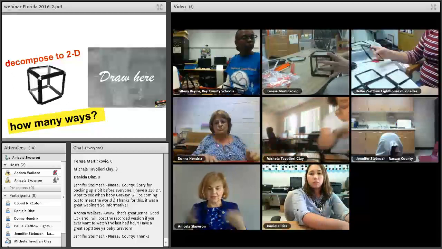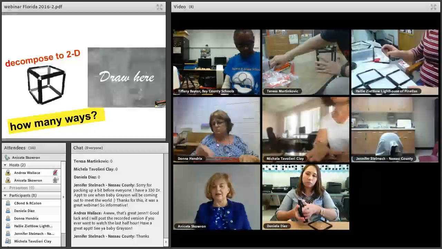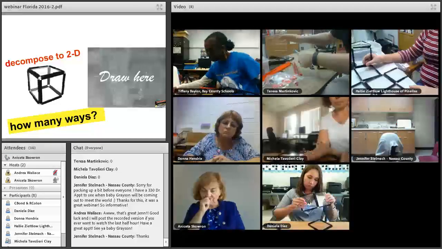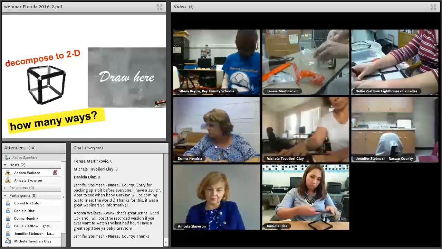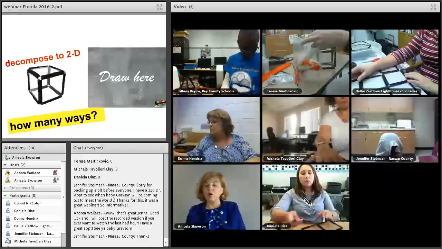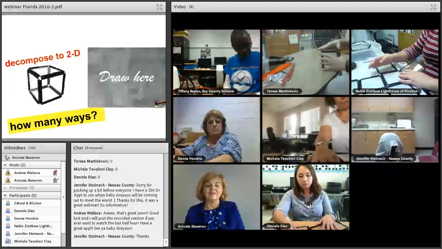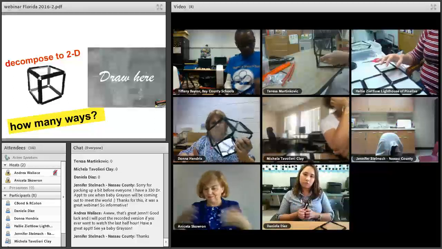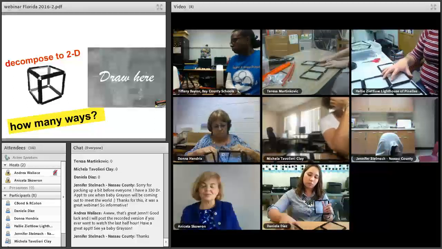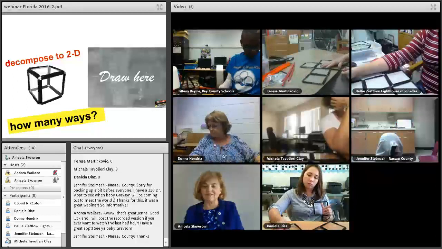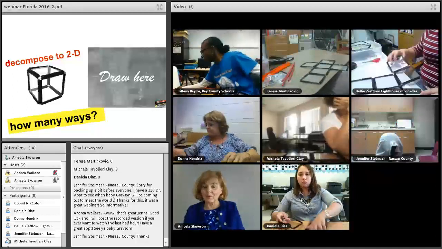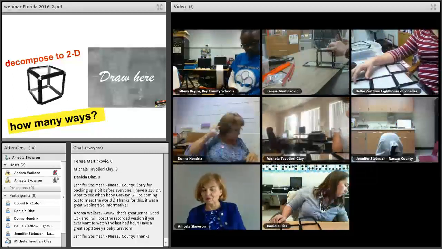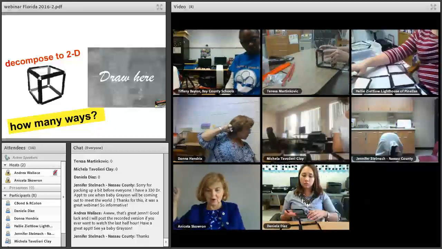So once you do this, you could make a little drawing and then do another one, make a little drawing. I did this with a grade 2, and we had to find all those ways. There are 11 different ways to undo the cube into a net. When it gets to 7, 8, it becomes more and more difficult to come up with a new one that wasn't already on the blackboard, because we were drawing them on the blackboard.